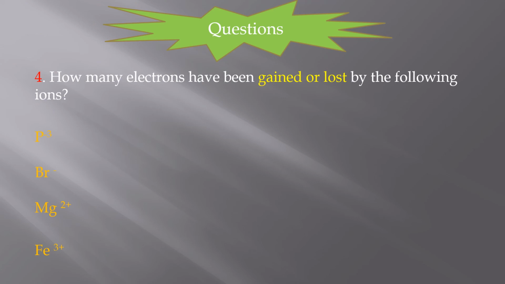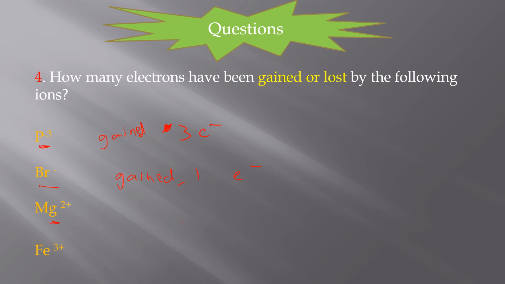Okay, how many electrons have been gained or lost by the following? Phosphorus, P, has a 3 negative charge, so it has an extra 3 electrons, so that means it's gained 3 electrons. Br negative, so that's bromine, it has 1 negative charge, so it has gained 1 electron.